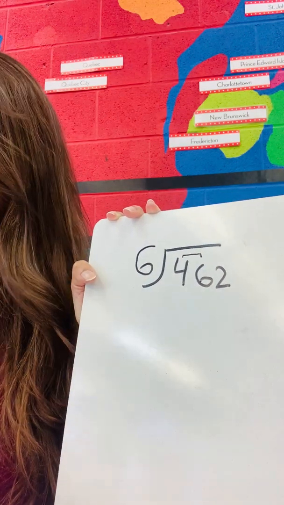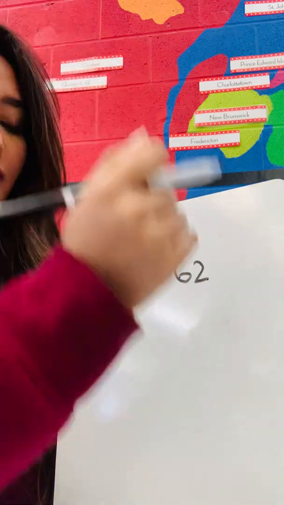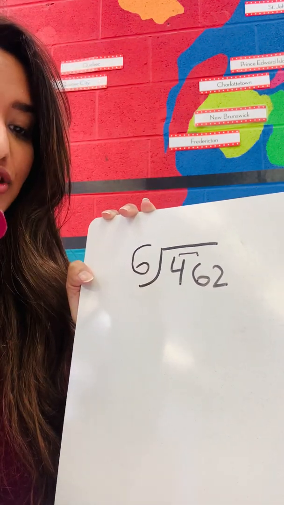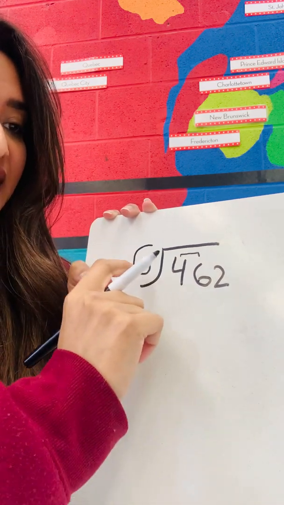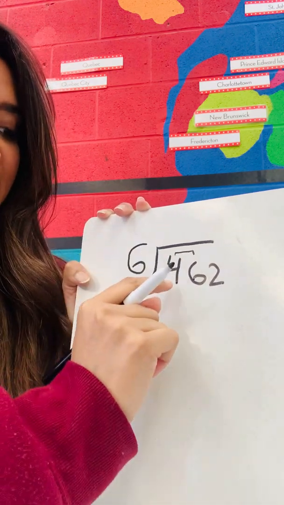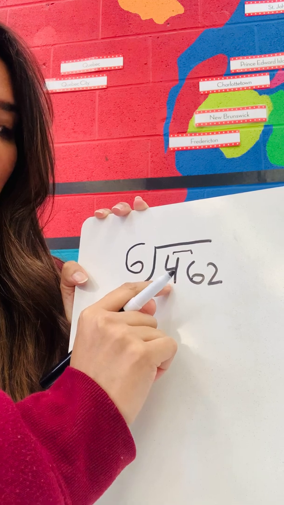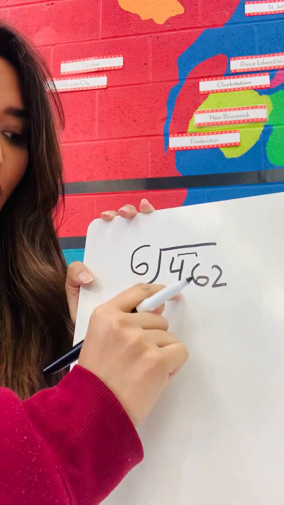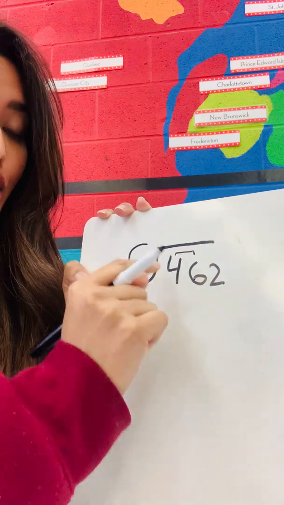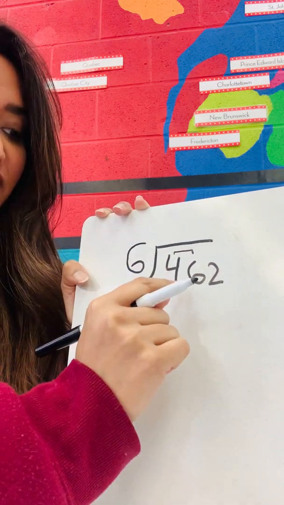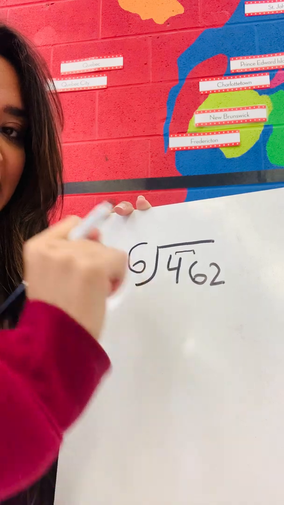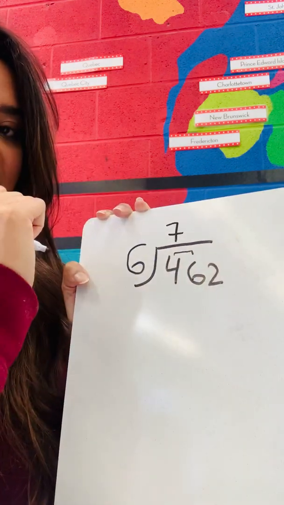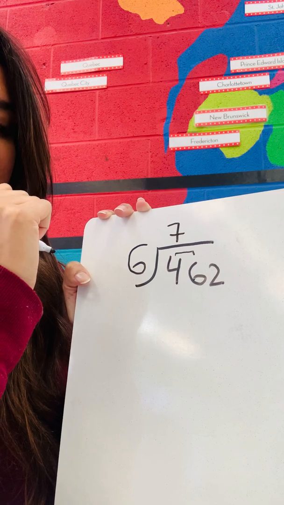So please take that out. On your times table sheet, you will see that 6 times something should give us either 46 or less than 46. We cannot have anything bigger, right? So how many 6s can fit into 46? Only 7 sixes can fit into 46.